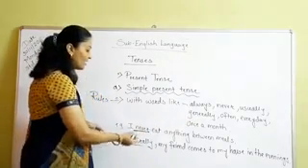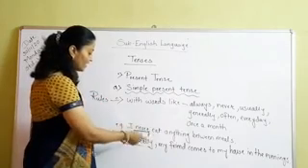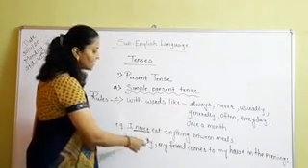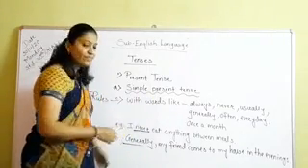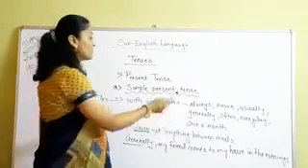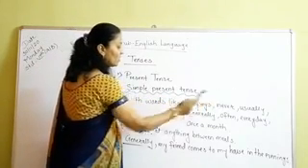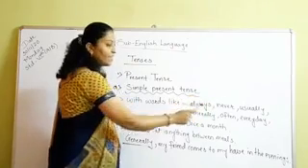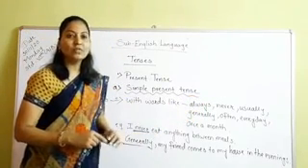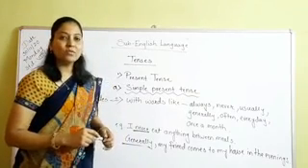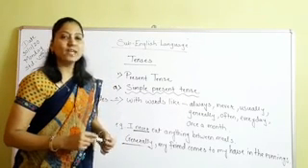In this second sentence we have used the word generally. So when in a sentence we are using words like always, never, usually, generally, often, every day or once a month, that sentence is of simple present tense. So have you understood, students? Now let's move further.